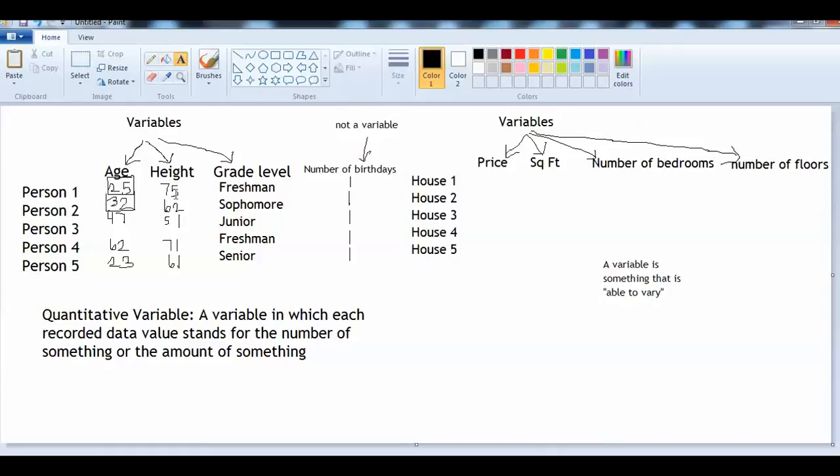Each person's height is showing the amount of height that the person has. So height is a variable. And if we were recording number of children, then that would also be a quantitative variable because each data value would be either the number of something or the amount of something.